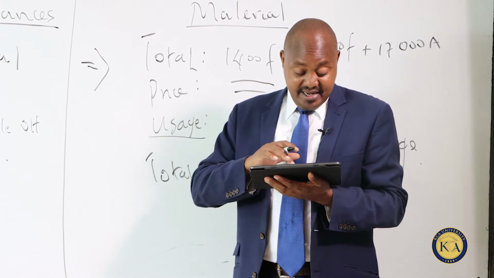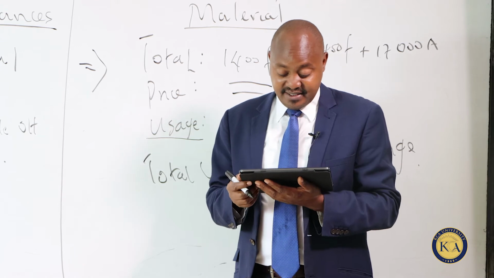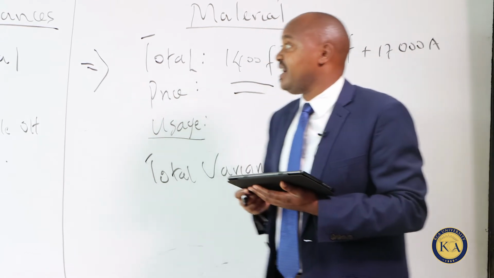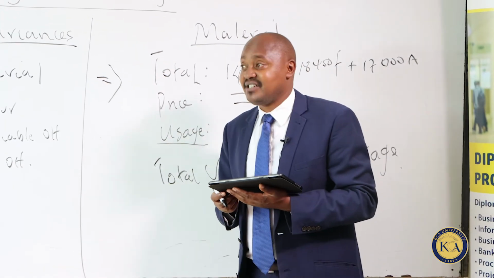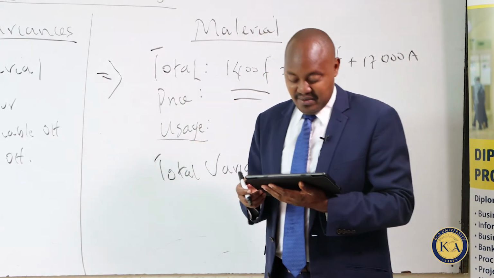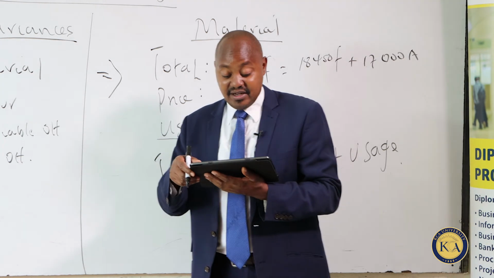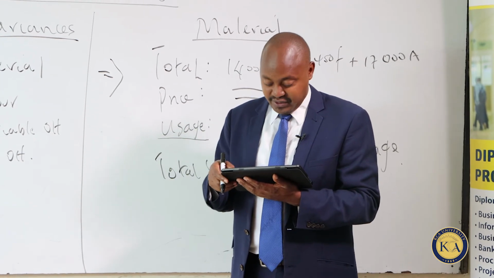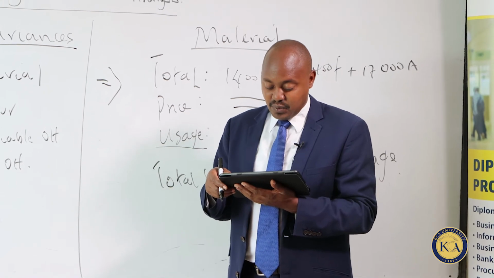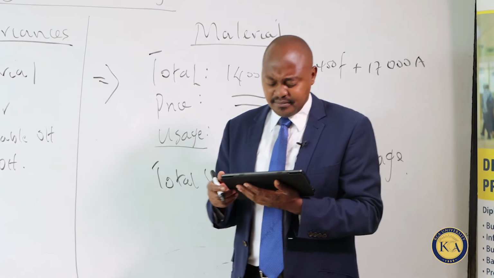Lastly, about labor, there is the idle time variance. Now, you find that out of the total hours that were paid for by an organization, not all those hours were actually effectively utilized. There are some hours where no production was taking place, and those were the non-active hours.